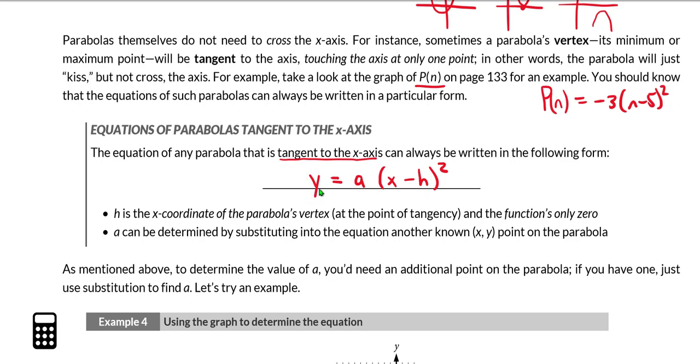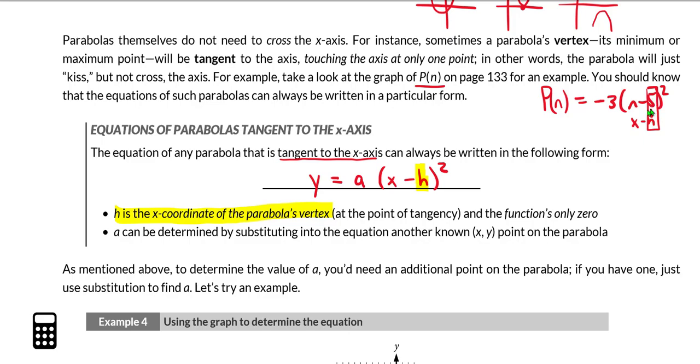A couple of important things here. Obviously, the x and the y are just our regular old x and y. The h, the thing that's in this position, is the x coordinate of the vertex. In other words, it is the x value at the point of tangency. So we can see that in this case, we've got n minus 5. That's like x minus h. So we should be able to see that the 5 would be in the h position.